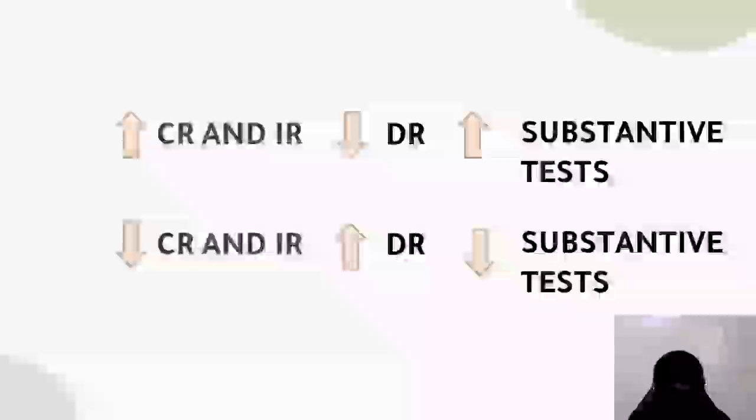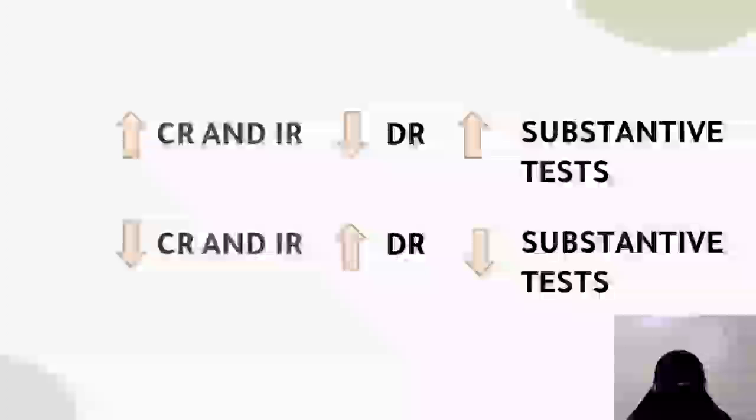Thus, ang mangyayari is more substantive testing ang required. In contrast, kung mababa si control risk and si inherent risk, itataas dapat si detection risk. Ibig sabihin, since tataas si detection risk, meaning bababa dapat si assurance provided by substantive tests. Thus, ang mangyayari is less substantive tests.